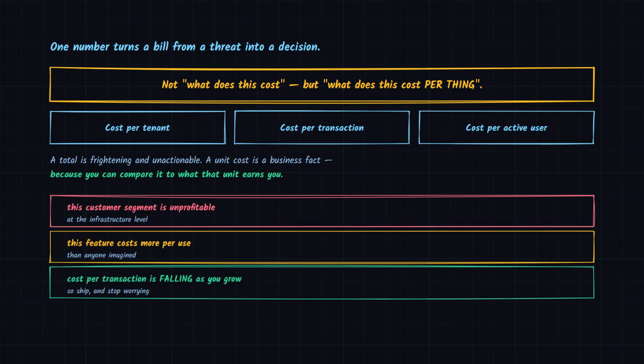Suddenly, you can see that this customer segment is unprofitable at the infrastructure level, or that this feature costs more per use than anyone imagined, or importantly, that your cost per transaction is falling as you grow, which means your architecture scales economically and you should stop worrying and ship. Without the denominator, cost is just a scary number. With it, cost is strategy.